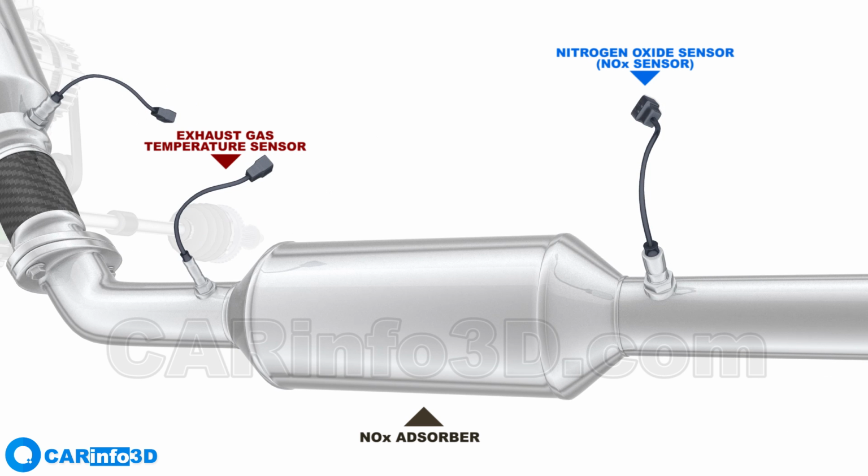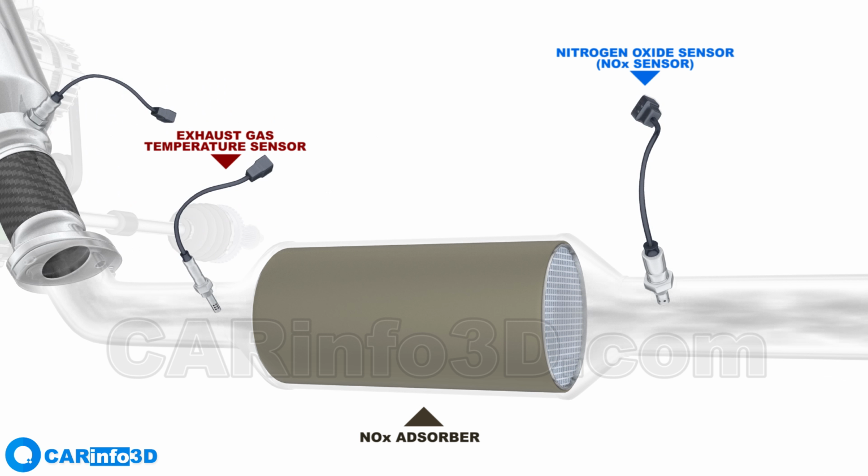The temperature sensor measures the temperature of exhaust gases entering the NOx absorber. This is necessary for operation with stratified charge engine, as well as for transitioning to NOx absorber regeneration modes and for protecting the system from overheating.